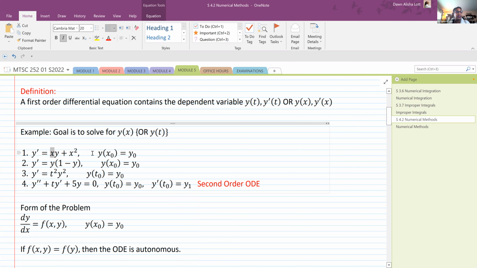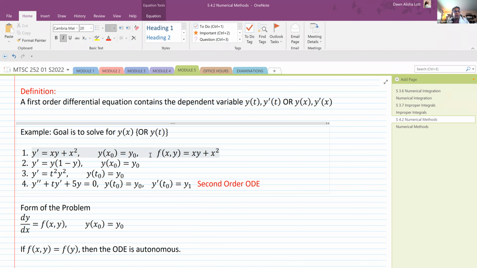If we go back to the first one, f of x, y is xy plus x squared.